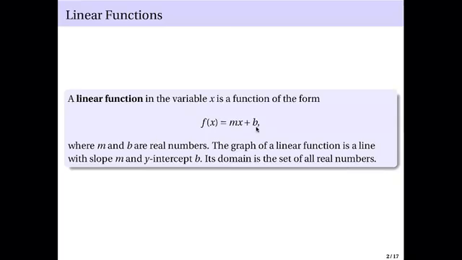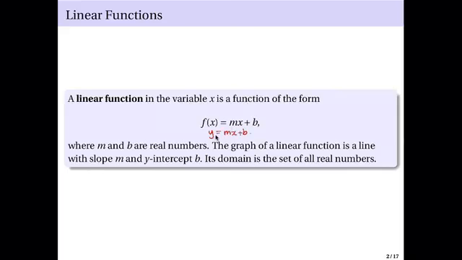We say that it is the image of the function f at x. So we may assign that image as y. Meaning, we can rewrite this as y equals mx plus b.